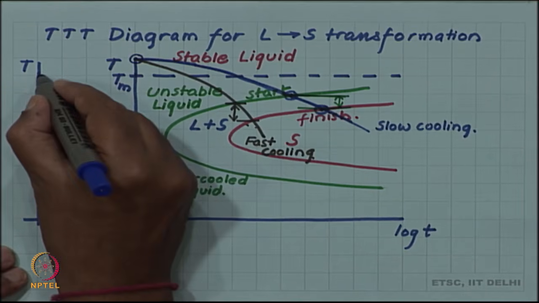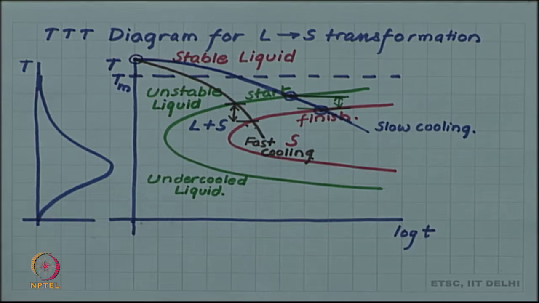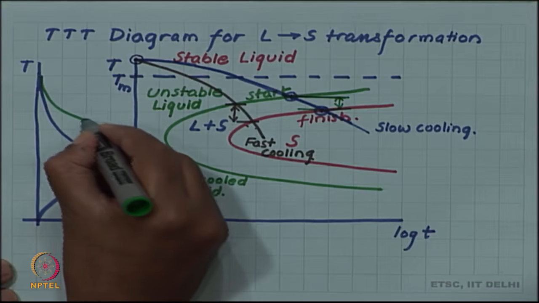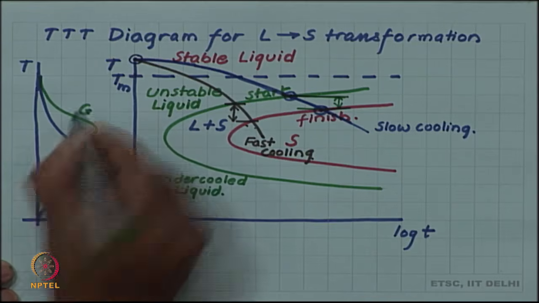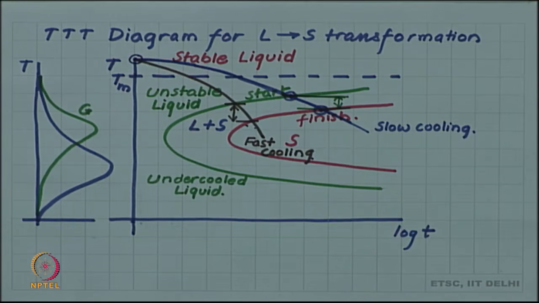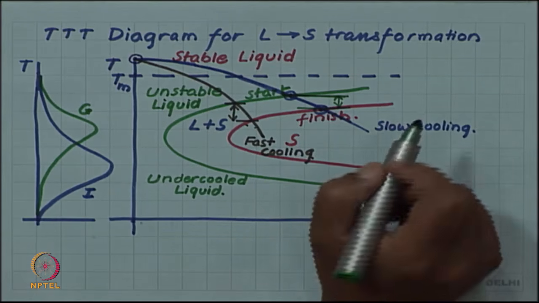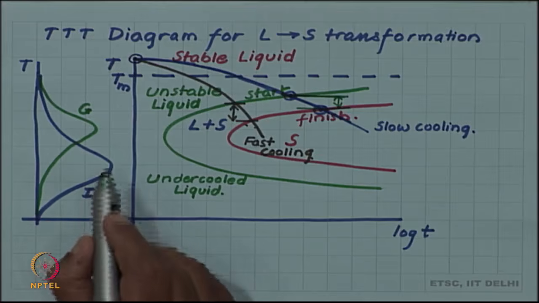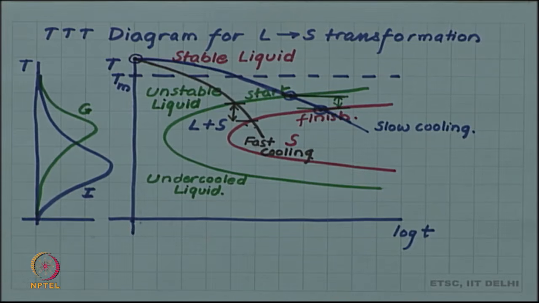So, remember that there was a nucleation rate maximum and there was a growth rate maximum. So, on the higher temperature side, growth rate is dominant compared to the nucleation rate. On the lower temperature side, the nucleation rate is dominant compared to the growth rate. Let us note that.